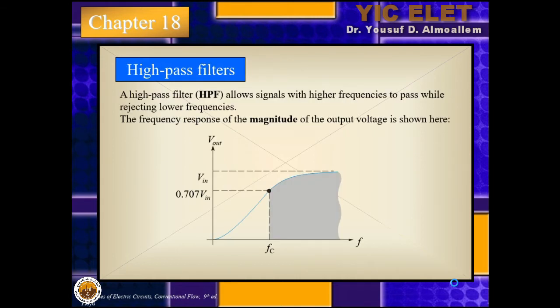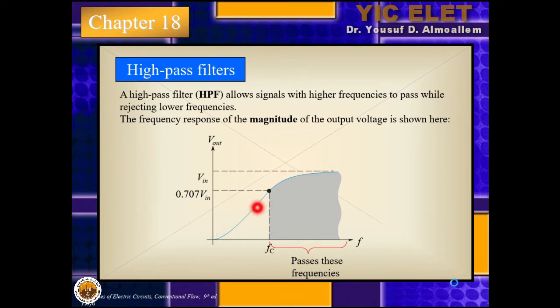Again, as we explained, the high pass filter will allow signals with higher frequencies to pass while rejecting the lower frequencies. So this range, which is low frequency below FC, will be rejected, and this range will be passed. And what is this figure again? It shows how much V out we are going to get as we change the frequency.